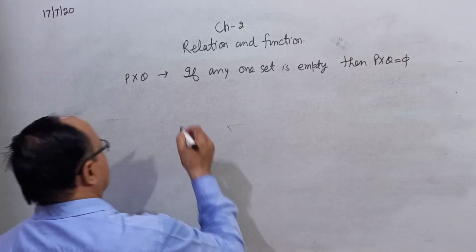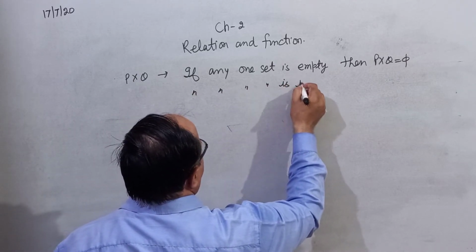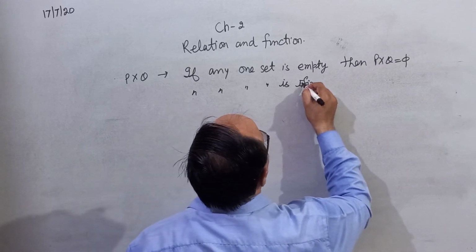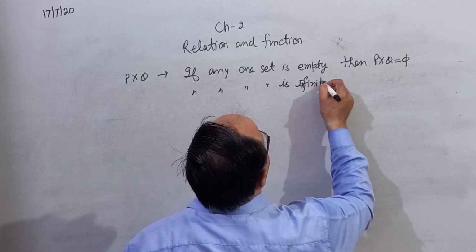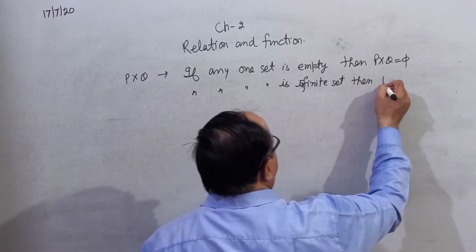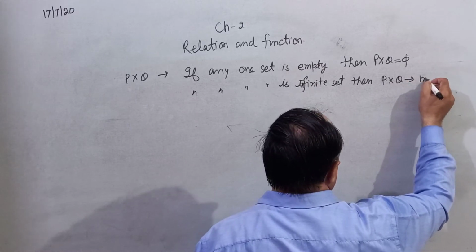If any one set is an infinite set, then P cross Q is an infinite set.